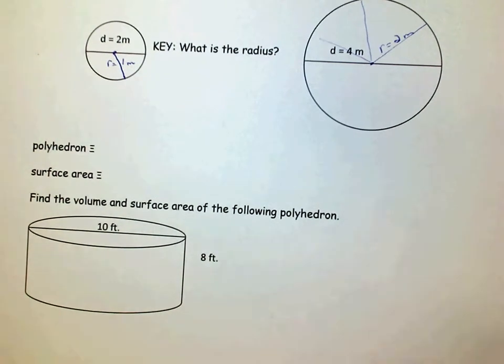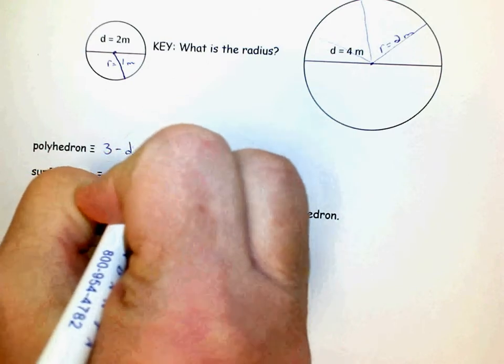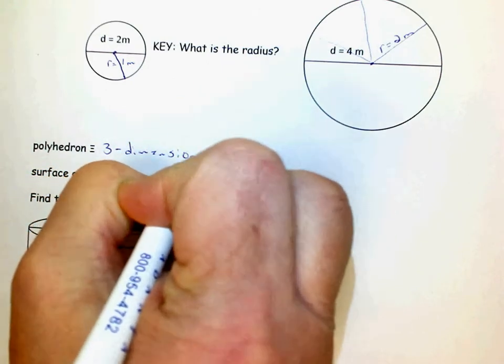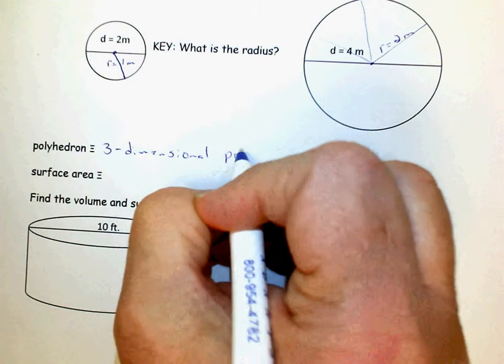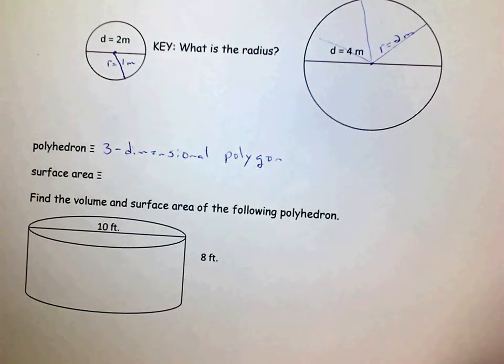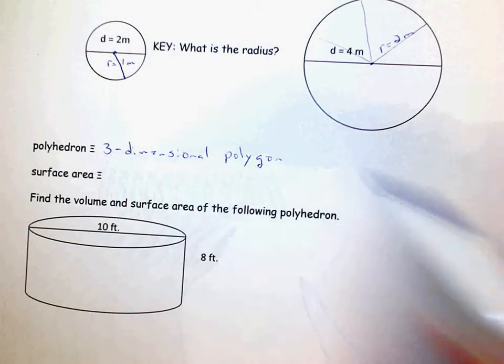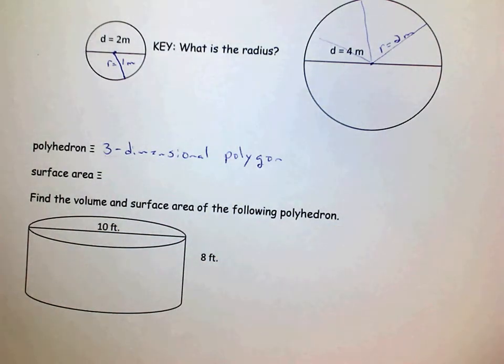A polyhedron is a three-dimensional polygon. Now there are some other really big, long, ugly definitions of a polyhedron, but this is the easiest definition. It's a three-dimensional polygon.